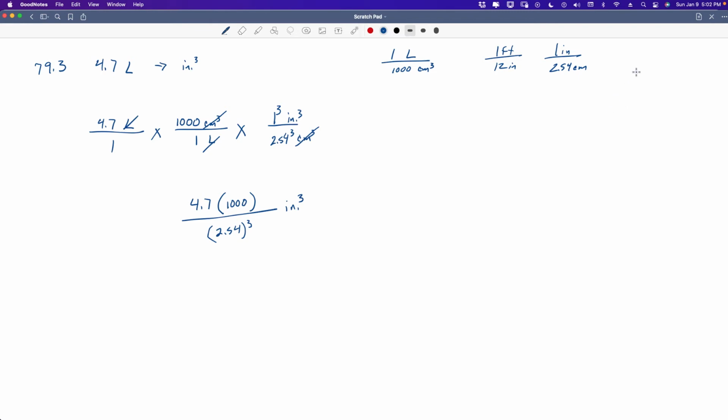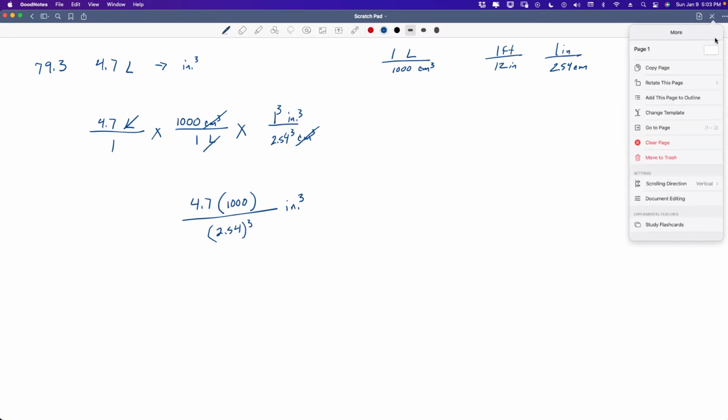Let's move on to 45, 45, 90 triangles. If you remember, we've recently done the 60, 30, 90 triangles, and this was 1, 2, square root of 3.